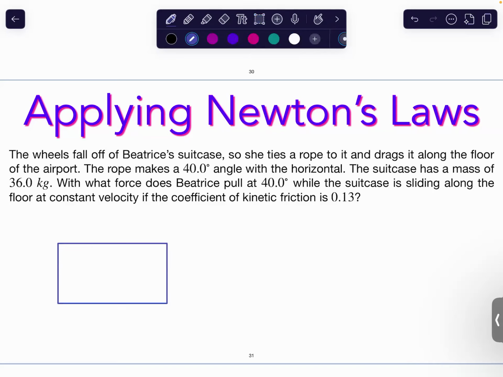Okay, so, you know, I have the normal force, weight of the suitcase, and friction force, and then applied force.